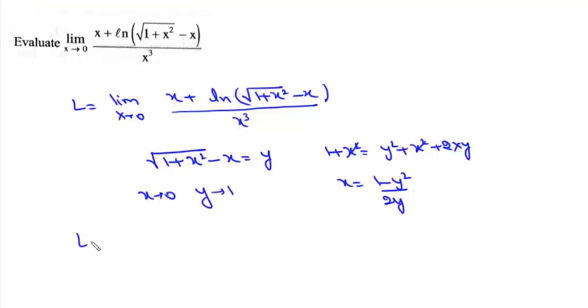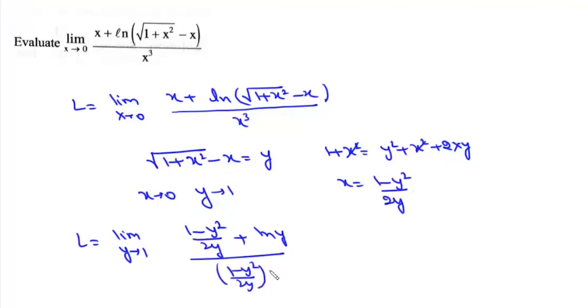So we can write this limit as limit y tends to 1, and here it will be x, which is 1 minus y square upon 2y, plus log y upon x cube, which is 1 minus y square upon 2y whole cube.